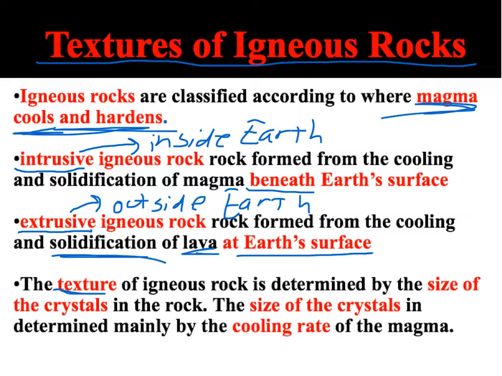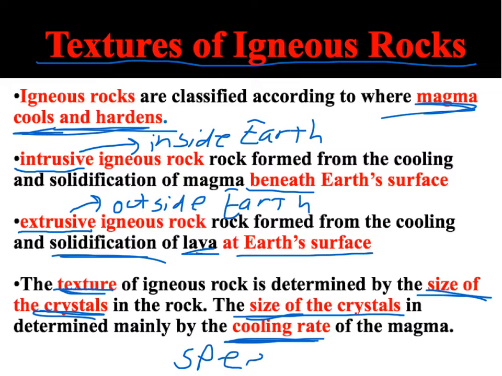And these textures get determined by the size of the crystals. And the size of the crystals is determined by how fast the magma cools. The cooling rate is the speed of cooling of the magma.